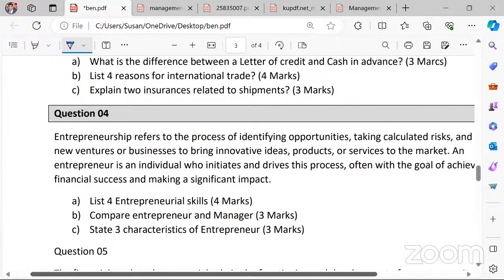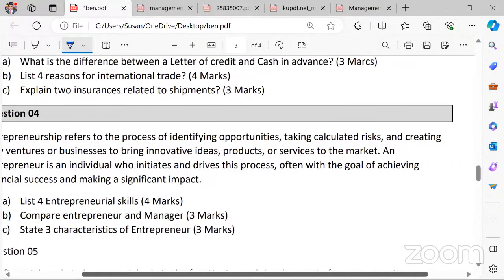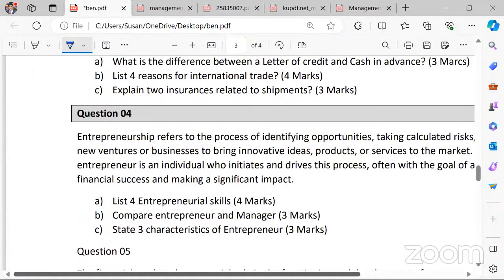An entrepreneur is an individual who initiates and drives this process, often with the goal of achieving financial success and making a significant impact. List four entrepreneurial skills. What are entrepreneurial skills? Entrepreneurs should have some skills. What are those skills?